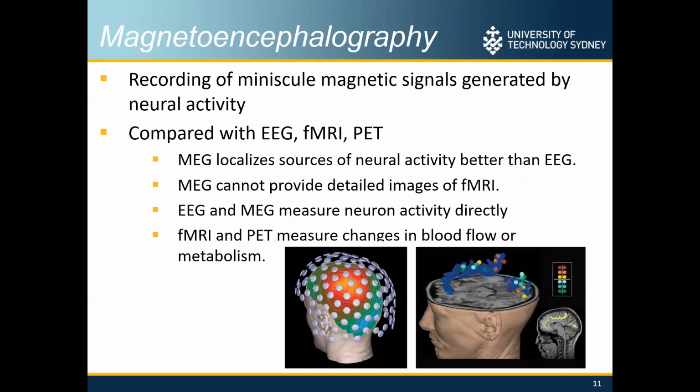The next bit is just looking at the device called the magnetoencephalography. So unlike the EEG, magnetoencephalography or MEG doesn't use the electrical potential in the brain, but they use the magnetic field that is being generated in the brain that are associated by the neural activity.